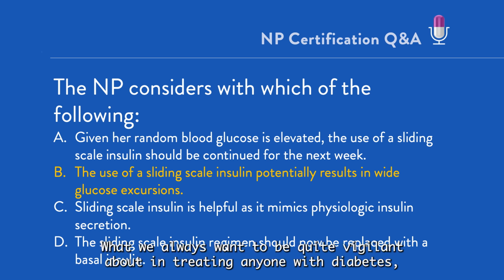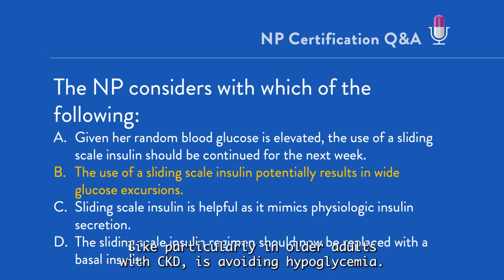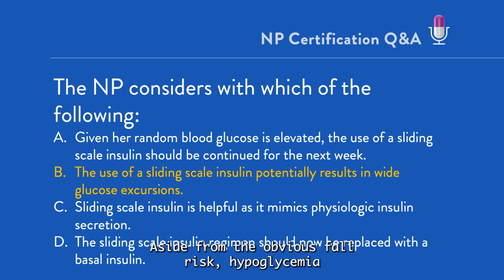Another key point, she is an older adult with CKD. What we always want to be quite vigilant about in treating anyone with diabetes, but particularly in older adults with CKD, is avoiding hypoglycemia. Aside from the obvious fall risk, hypoglycemia can trigger cerebrovascular or cardiovascular events.